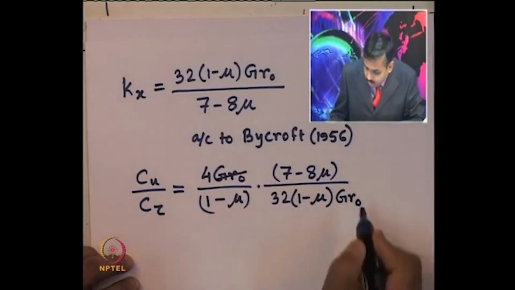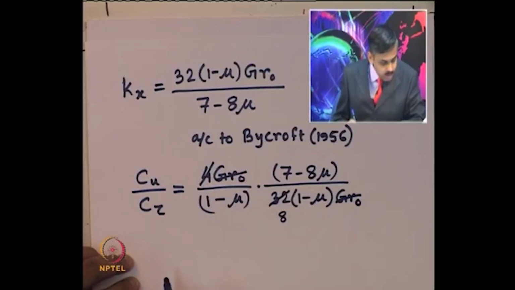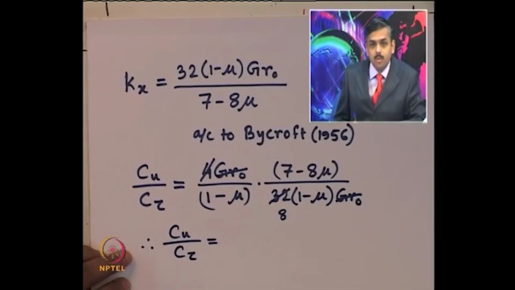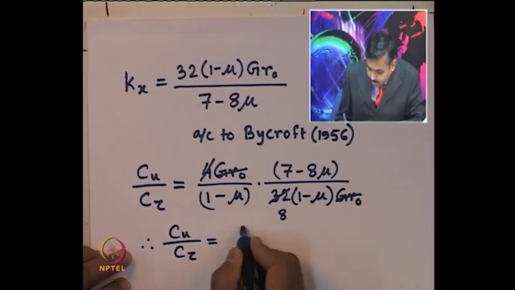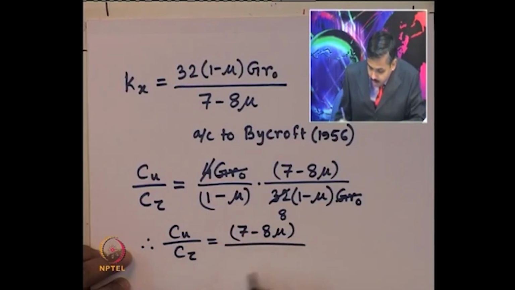So, G r naught gets cancelled, 4 and 8. Therefore, this C u by C tau becomes 7 minus 8 mu by 8 times 1 minus mu whole square.